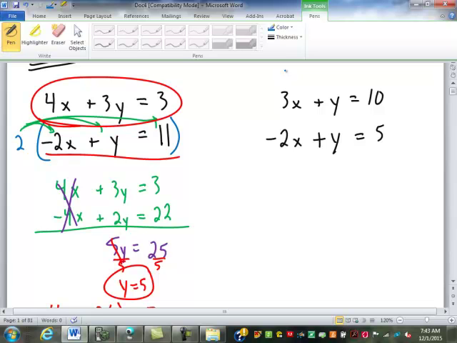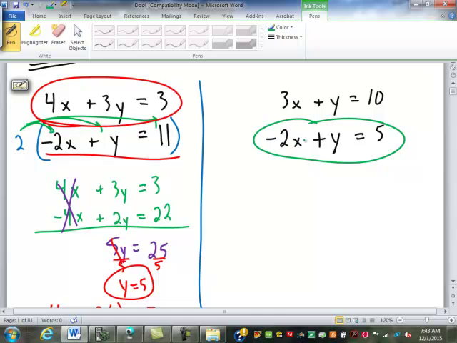So anyway, this one here would not be terribly difficult to solve with elimination as well. But because it's set up with no coefficient in front of the y's in either equation, well, I could just multiply one of them by negative 1 and the y's would cancel out. But since we did this one by elimination, I'm going to do this one by substitution. So I'm going to solve this equation for y by adding 2x. So we have y equals 5 plus 2x.